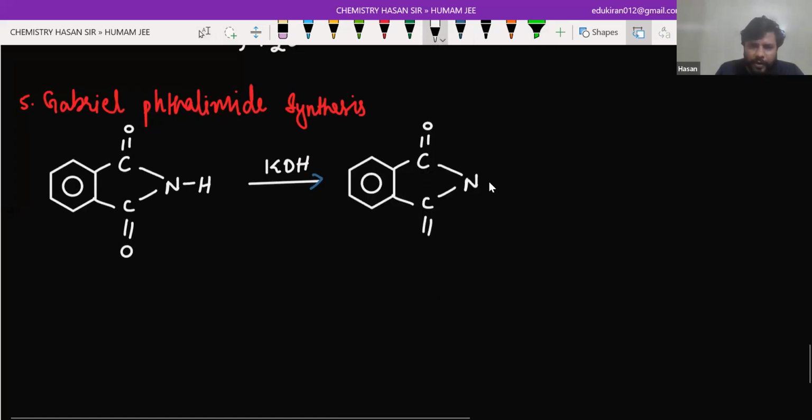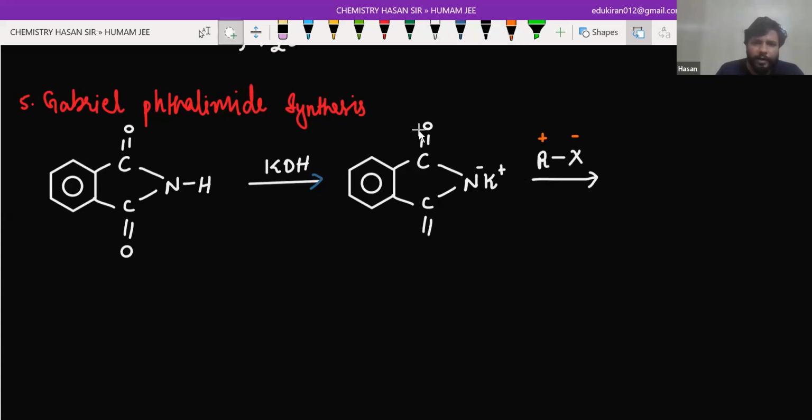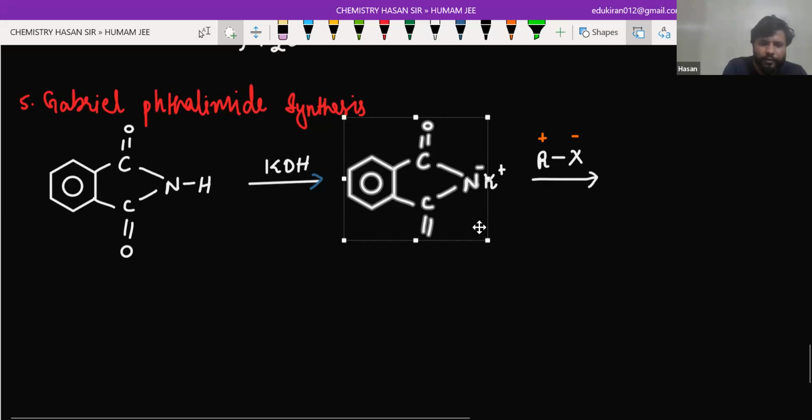The rest of the part will be as it is, and K comes here, which is positive because it is a metal, and nitrogen will have negative. After this, you are going to react this with alkyl halide RX. Now X will have negative and R will have positive.